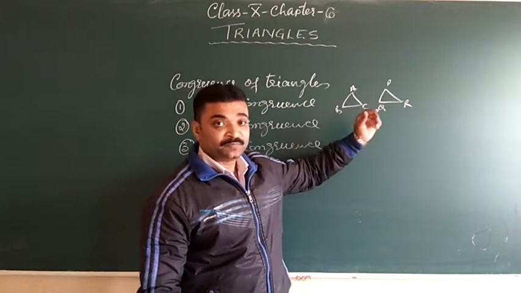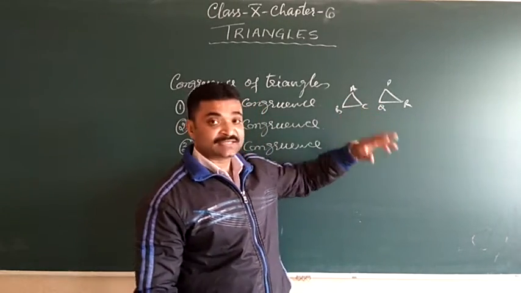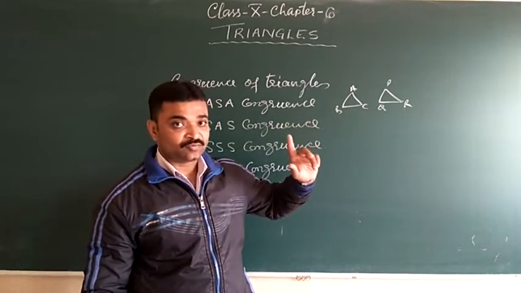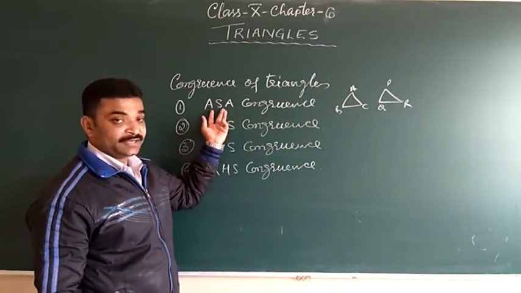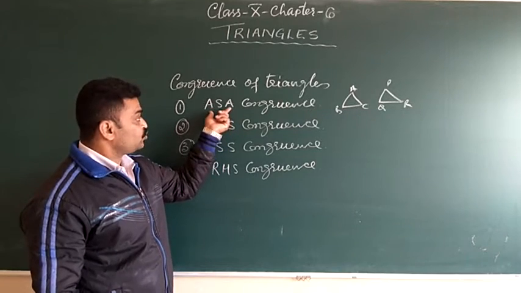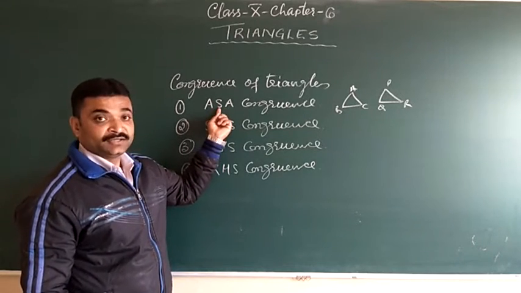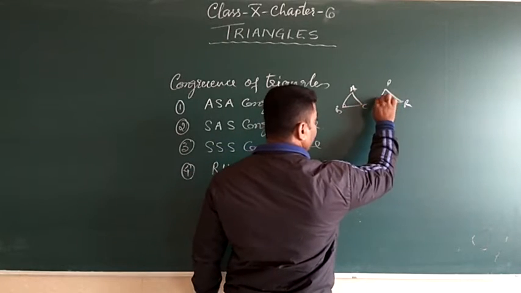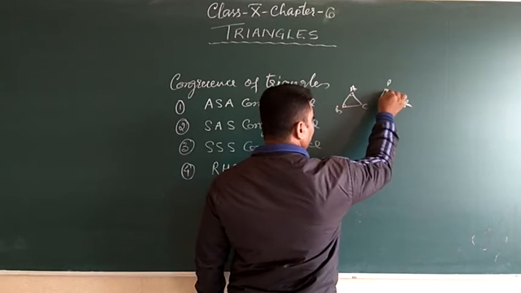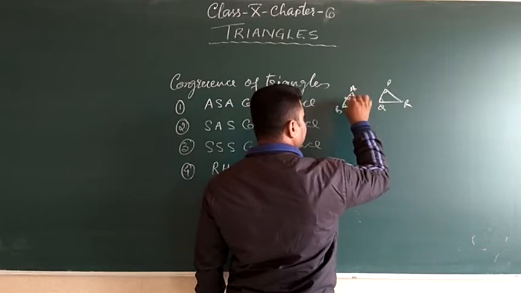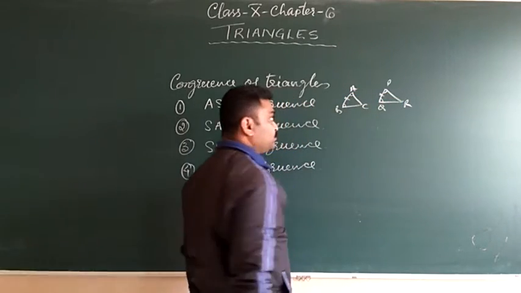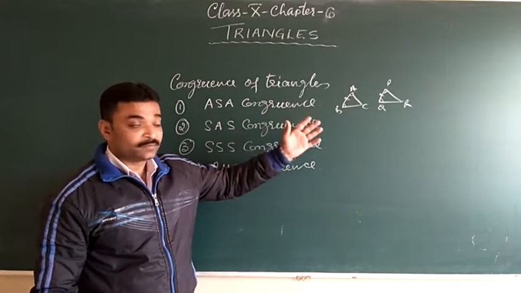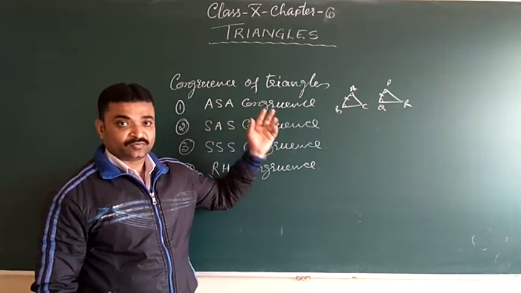If the corresponding angles and the corresponding sides are equal, then we say the two triangles are congruent. In this criterion, ASA, that means two angles and the included side. Suppose angle B is equal to angle Q, angle A is equal to angle P, and side AB is equal to side PQ. If this happens, then we say the triangles are congruent by ASA congruency.